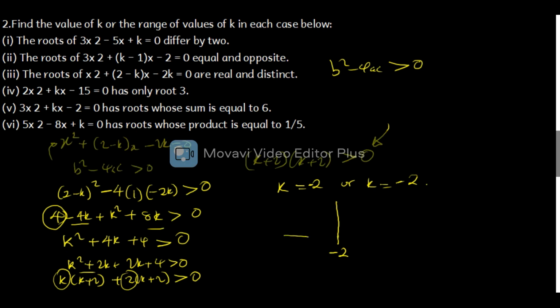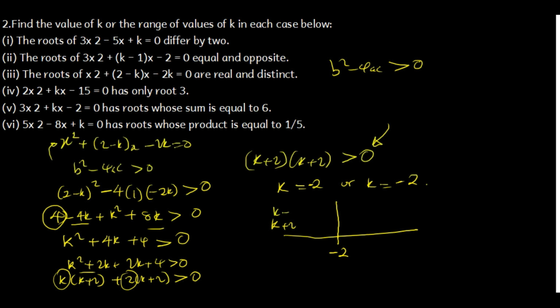So I'm going to write first the first factor, which is k plus 2. I'm also going to write the second factor, which is k plus 2. Now what happens if I get any value which is above negative 2? I can get a number such as 0. 0 is above negative 2.